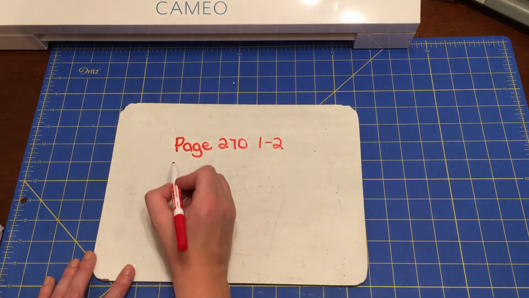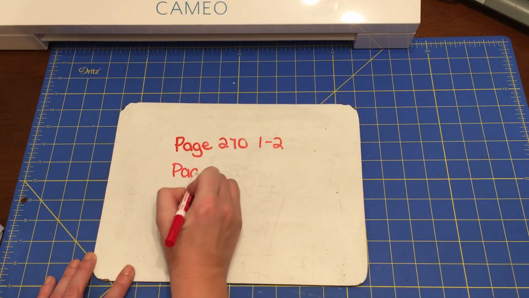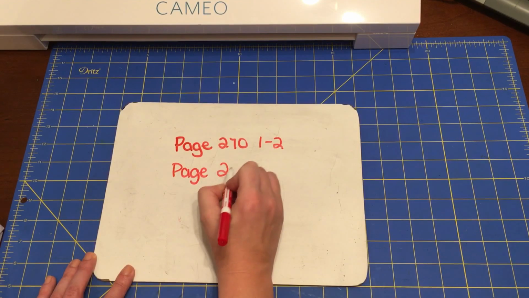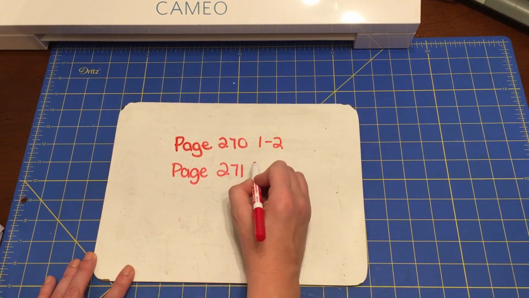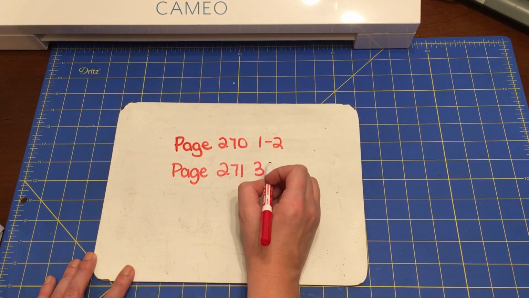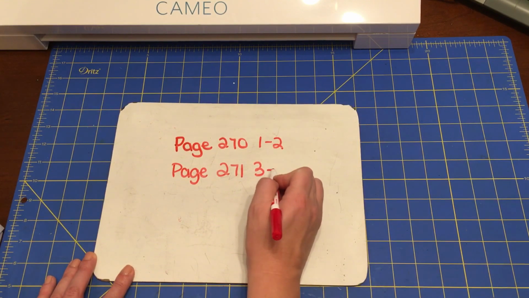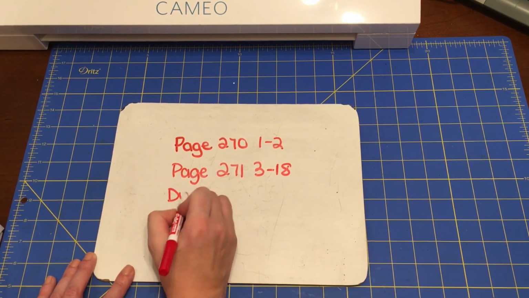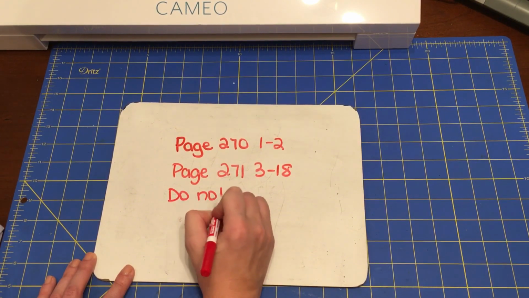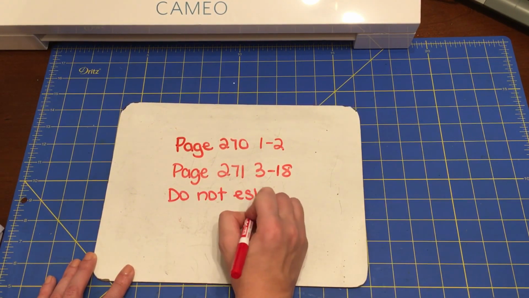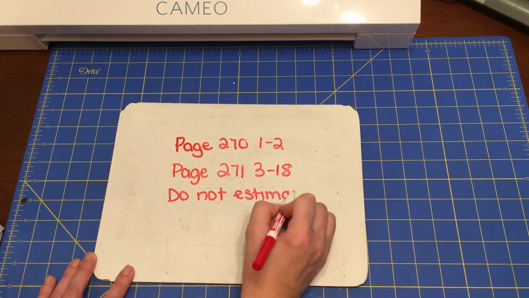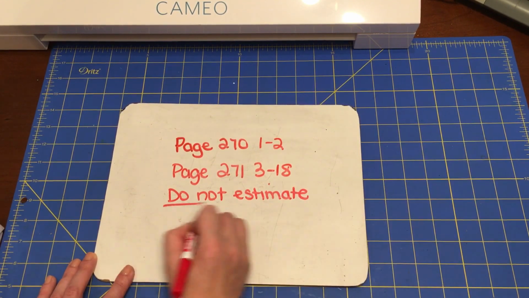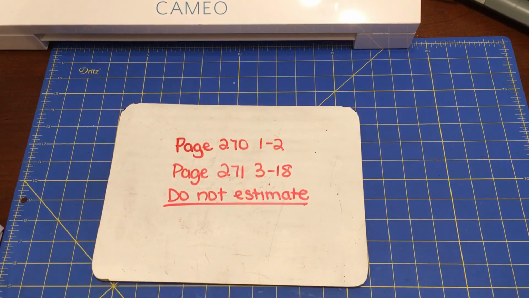And then you're going to go on to page 271, and you're going to be doing problems 3 to 18. Do not estimate. Just solve it. Show your work. Don't estimate. Just solve it for those 2 pages.